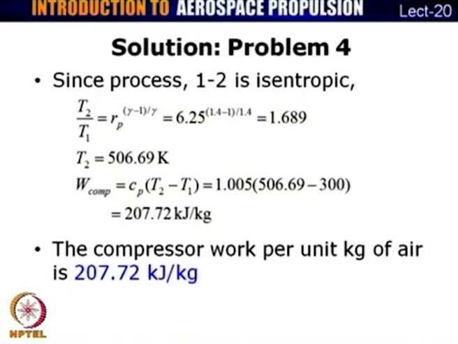Therefore, Cp into (T2 minus T1), which is 1.005 into (506.69 minus 300). Therefore, the compressor work is 207.72 kilojoules per kilogram. So, compressor work per unit kilogram of air is calculated as 207.72 kilojoules per kilogram.